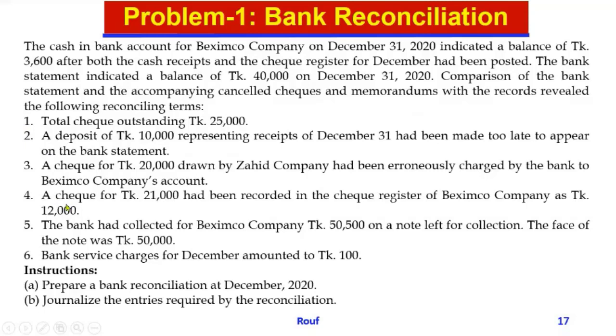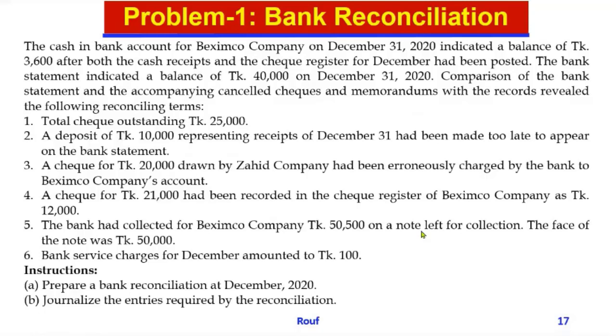Number 4, a check for Taka 21,000 had been recorded in the check register of Beximco company as Taka 12,000. Number 5, the bank had collected for Beximco company 50,500 on a note left for collection.